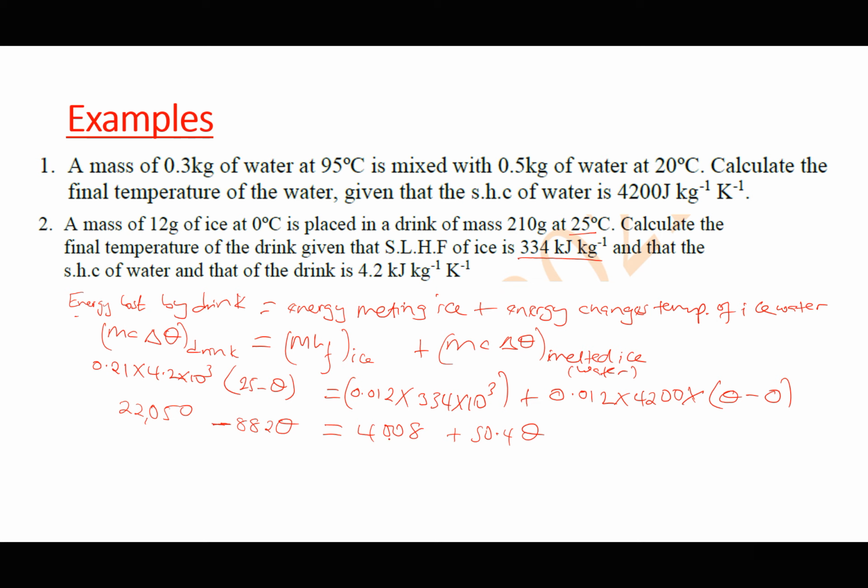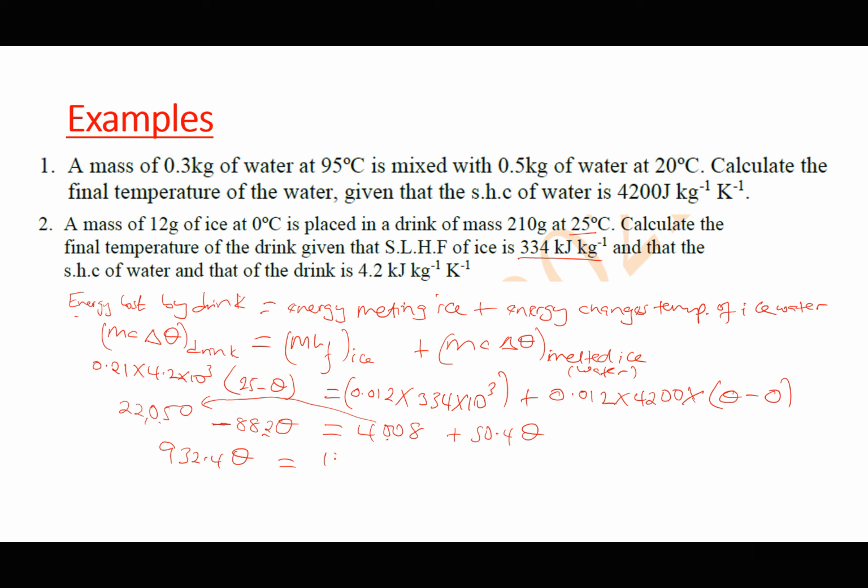Collect like terms. I'm going to subtract this from this. I take this one to the other side. So I have 50.4 plus 882. So in terms of theta, I have 932.4 theta. Then I'm bringing this one to the other side. I subtract. So 22050 minus 4008.